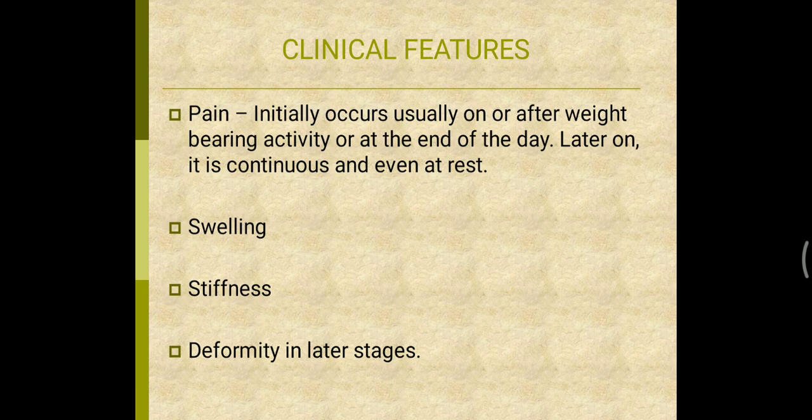It only appears as the patient does some activities or ordinary activities like running, walking, etc. But as the degeneration increases, it continues even at rest. So pain gets worse and it will feel like a cramp.